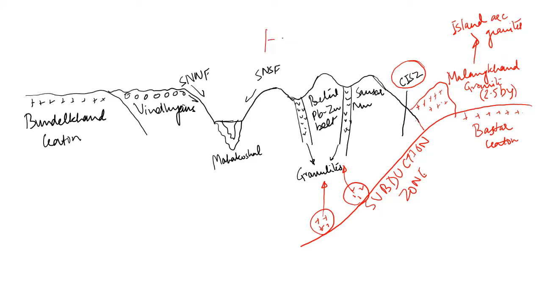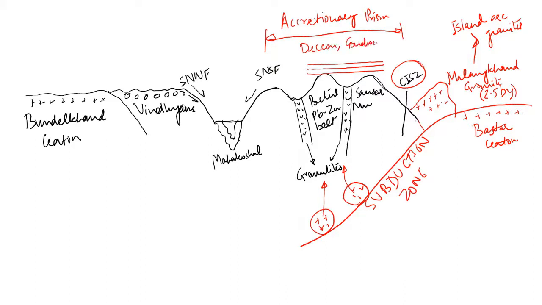So this portion from here till here is the accretionary prism. So here you will get the Deccan hills, Gondwana hills, all these are present over here. I hope you understood how the formation of the accretionary prism took place over here.